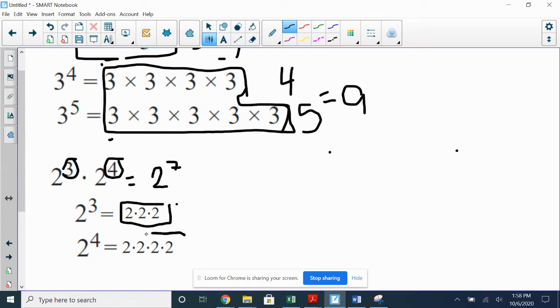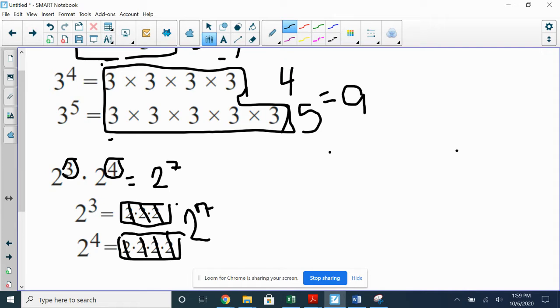And same with 2 to the 4, 2 times itself 4 times. If I were to count it out, I have 1, 2, 3, 4, 5, 6, 7. So 2 to the 7, which is what we got when we added them, because it's the same as saying 2 times itself 7 times.